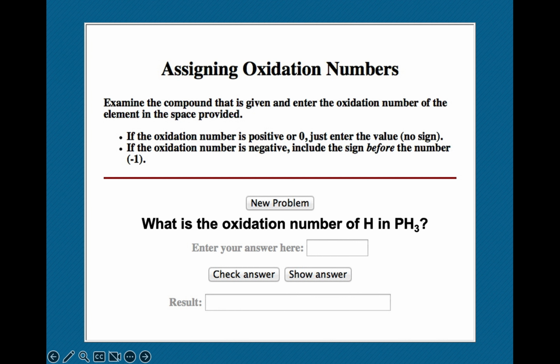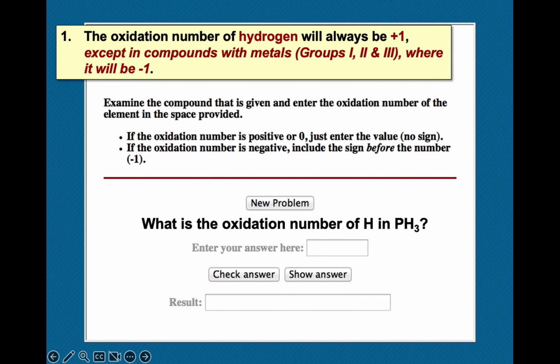Here we have potassium hydride, phosphorus trihydride. I'll get this right. Hydrogen is bonded to a non-metal, so it will be a +1. Oxidation was +1 unless it's bonded to a metal.